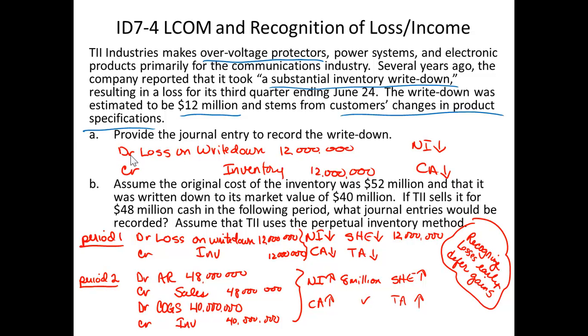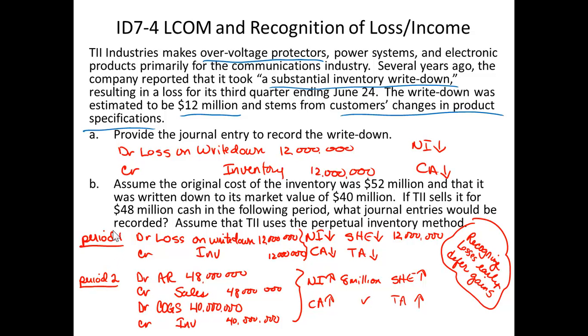So if that happens, we debit the income statement account called loss on write-down for $12 million and credit inventory for $12 million. By doing this, it makes our net income smaller by $12 million and our current assets smaller by $12 million.